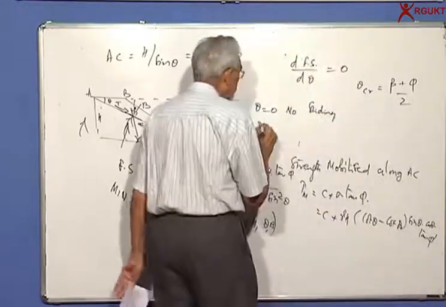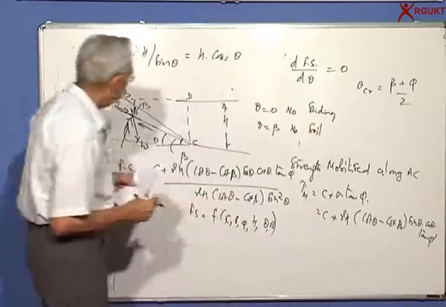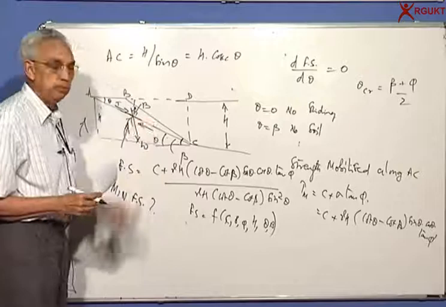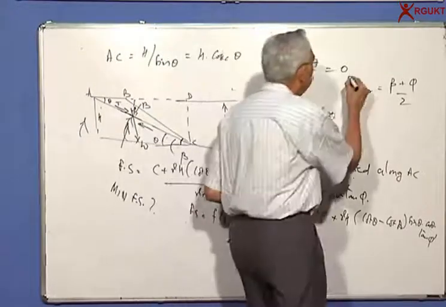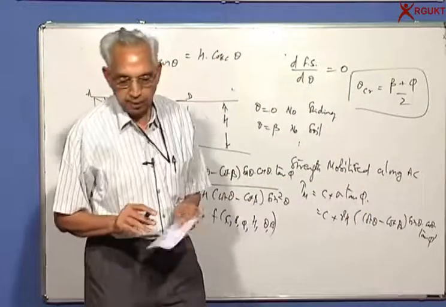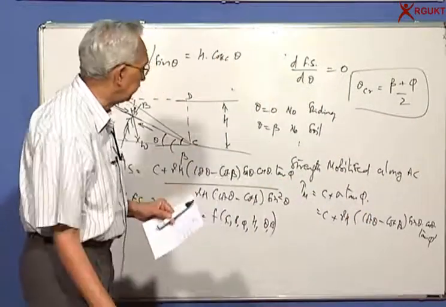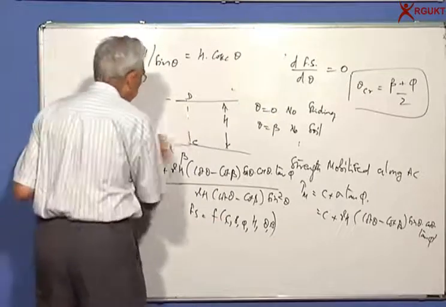When theta is equal to beta, there is no soil at all, so no failure. So halfway between these two, you will get the minimum factor of safety. And from here, you can go back and substitute. You will get a very simple expression for the factor of safety.